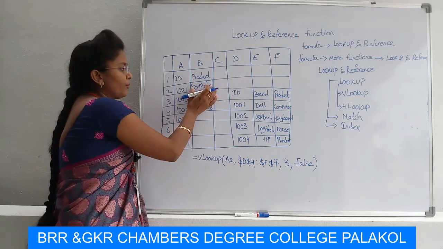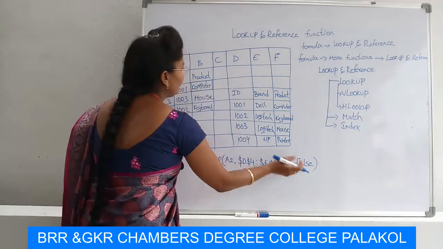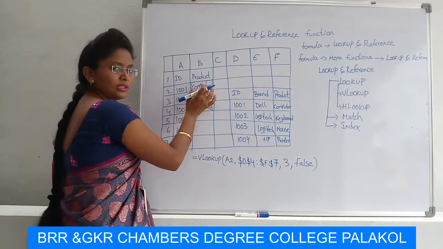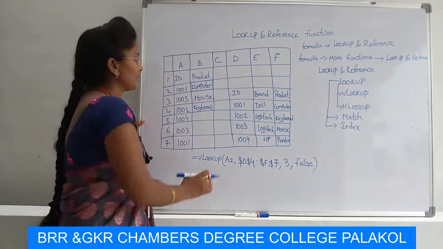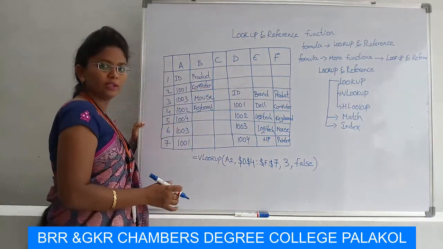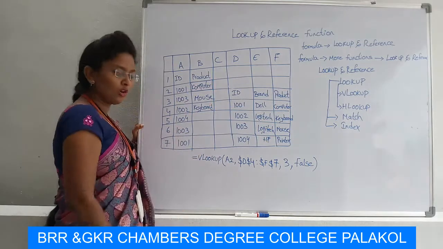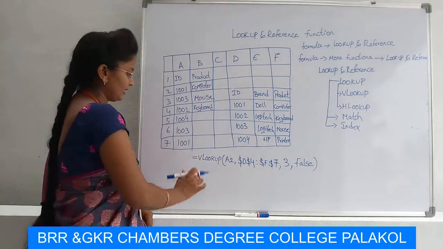After pressing the enter button, the answer will be displayed in the B2 cell. Select this result and drag it downward up to B7.